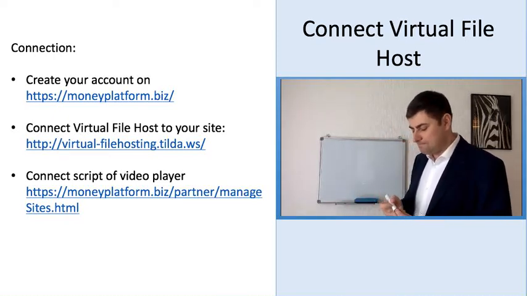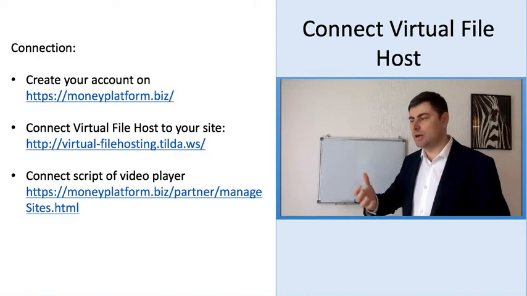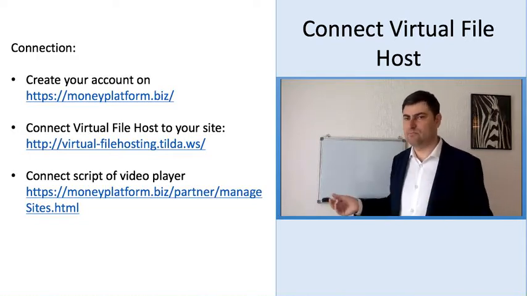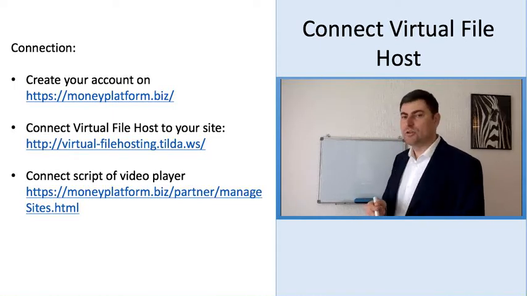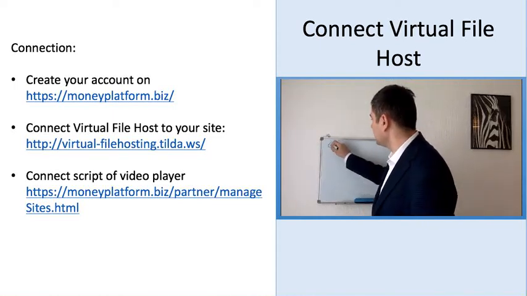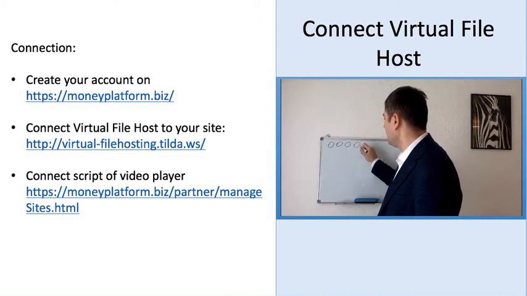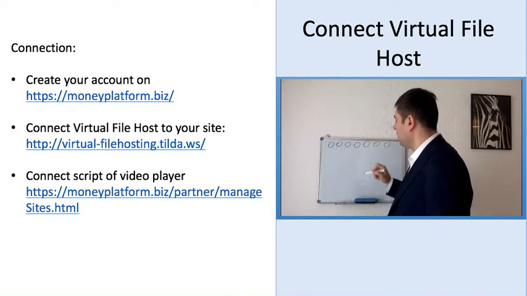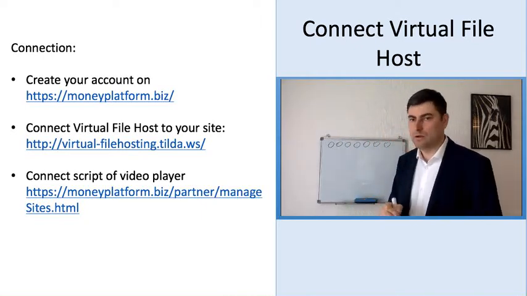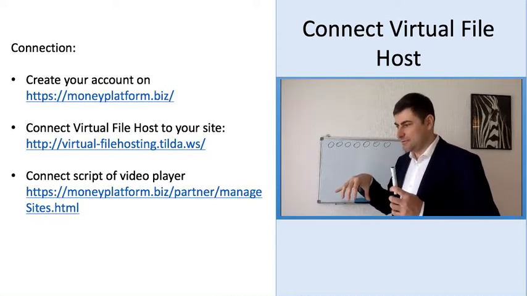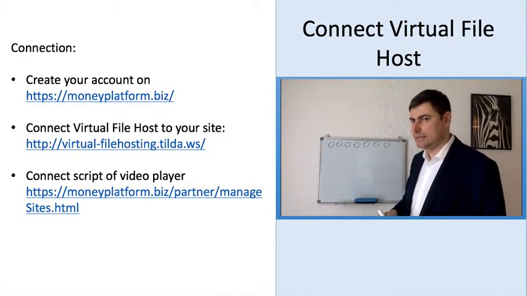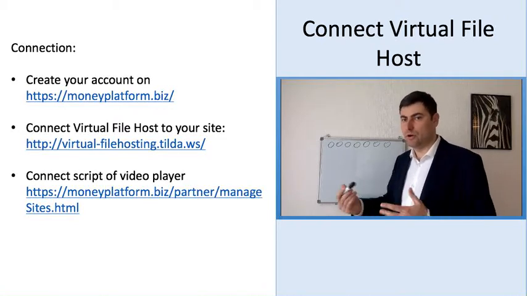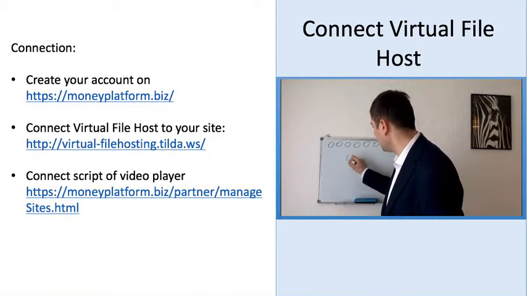So if we are talking about just a common file host, the situation looks like this. These are the partners who are uploading content on file hosts and just earning money on it. So here is the file host.